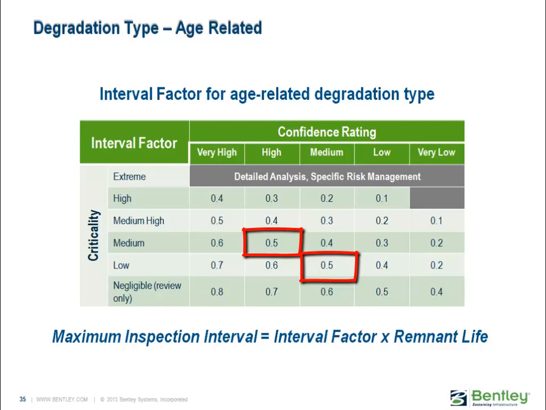An average asset, as you can see in this definition, is an asset with medium to low criticality and medium to high confidence rating. The interval factor for this asset is 0.5, meaning that the next inspection will be carried out at half of the remnant life from the current inspection date.